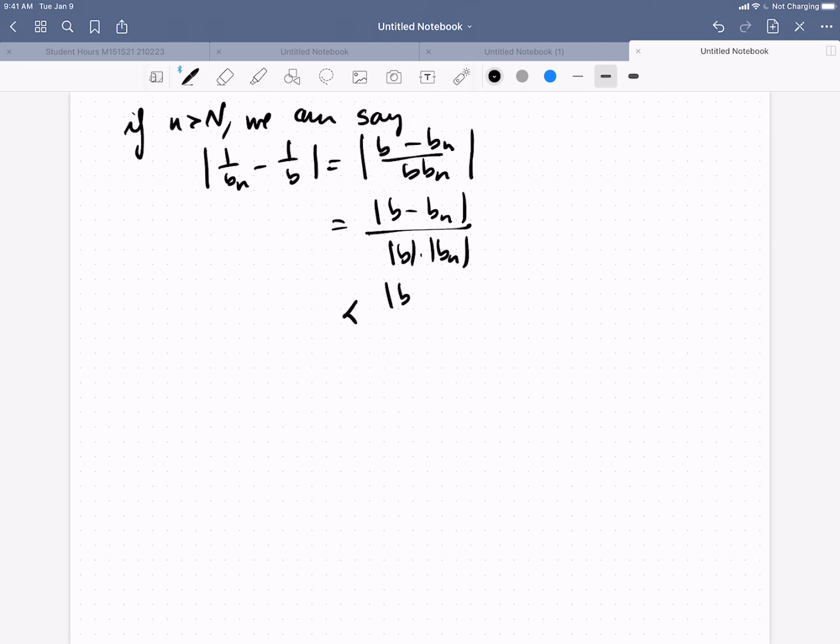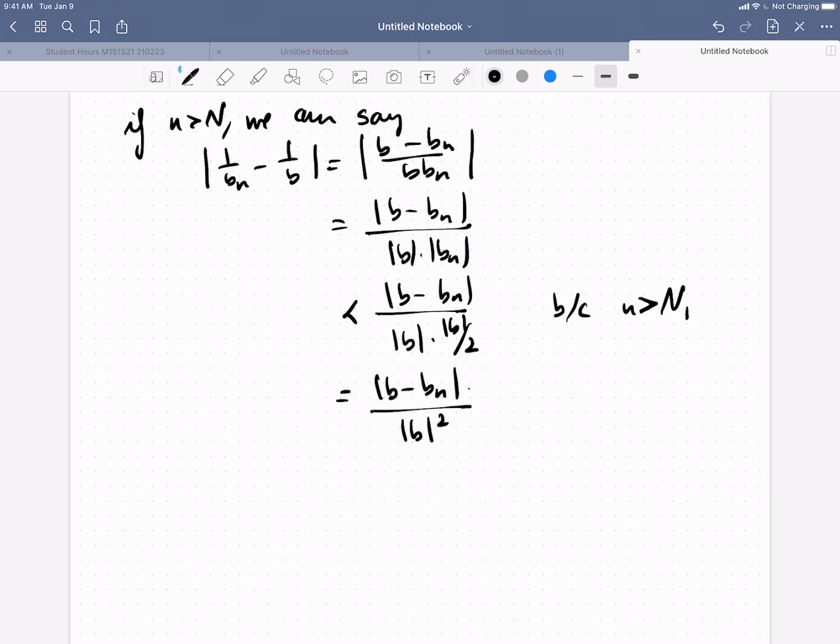And this is less than, we'll use the first one, because n is bigger than n1, B minus Bn over absolute B squared, and there's a 2 up there.